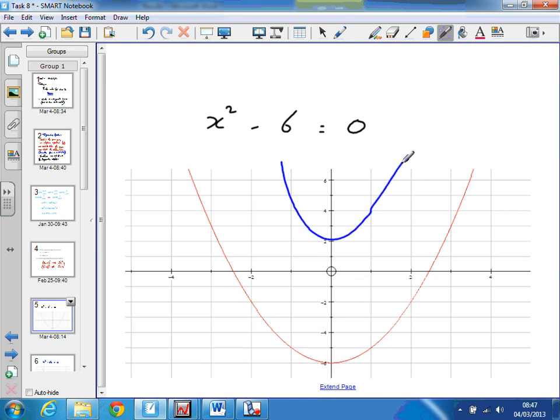There's no value of x that makes y 0. And then we're looking at complex numbers, imaginary numbers, to carry on with this, if you remember. But what you're going to be looking at, certainly for this assignment, is real solutions to quadratic equations like this. How do we go about solving x squared minus 6 equals 0?